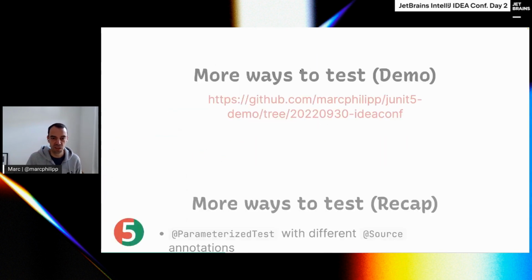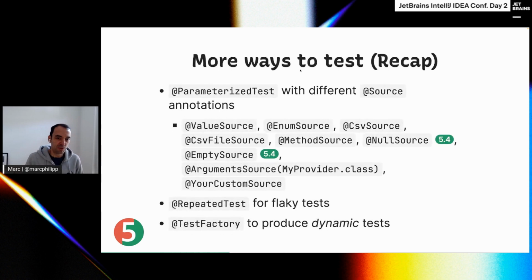All right, short recap of this. So parameterized tests are really useful. They can have different sources. So we've seen CSV source here, right? But it's just one of them. You can have the CSV source in a file, for example, in source test resources or somewhere. You can just use value source and supply a list of ints or strings as parameters to the annotation. You can use enum source and pass the enum class, and then you will get all the enum constants as inputs.